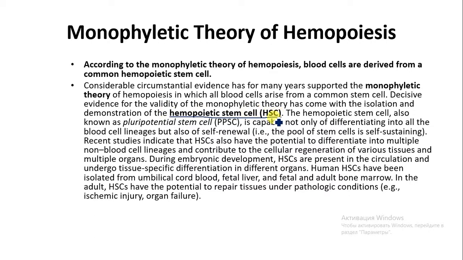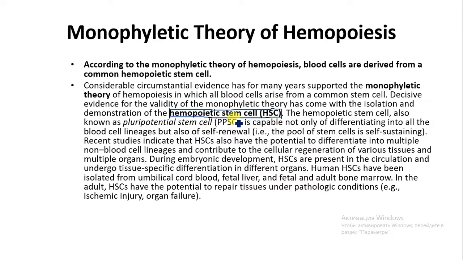So all cells of blood which we discussed in previous class are derived from one cell, the hematopoietic stem cell, and this position is of monophyletic theory. That's the main theory. But these hematopoietic stem cells later get differentiated by the process, by the diagram I'll show you later.